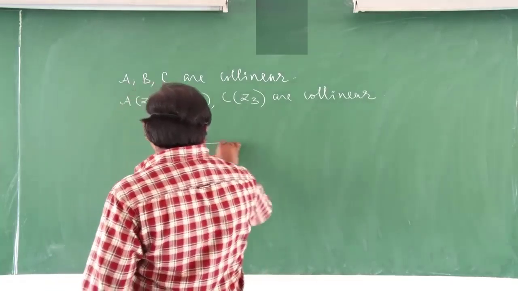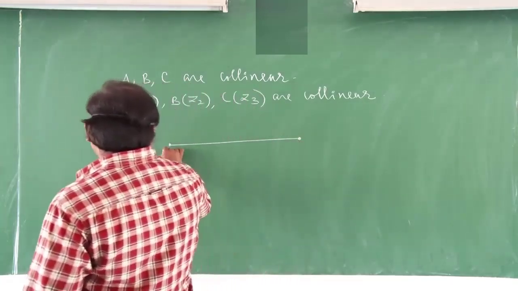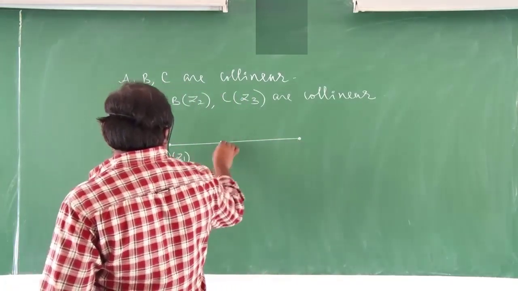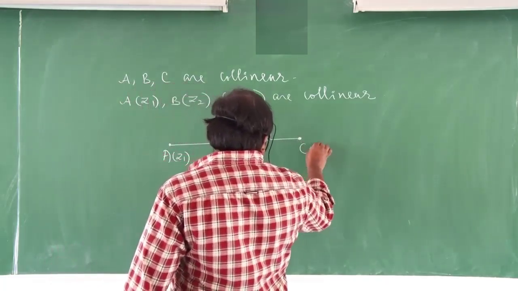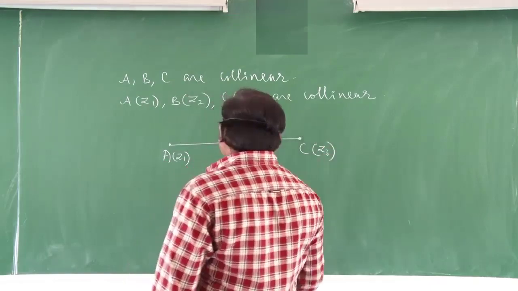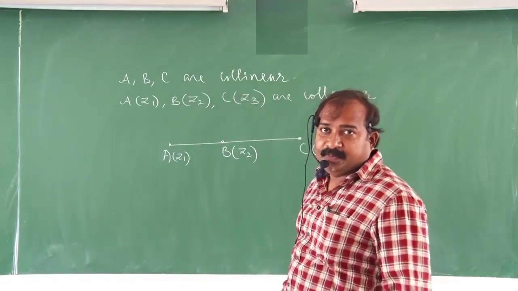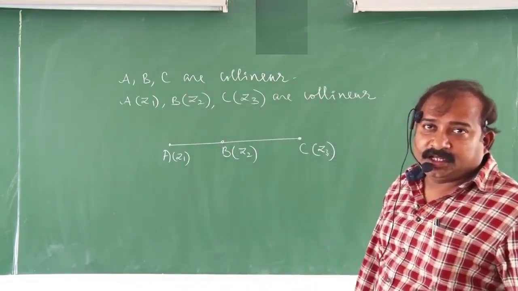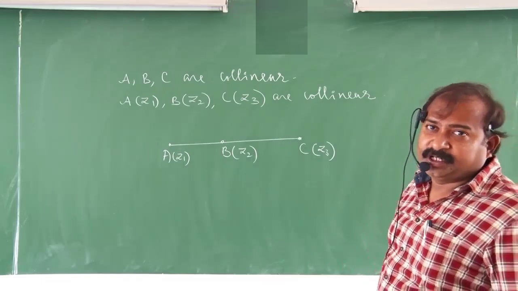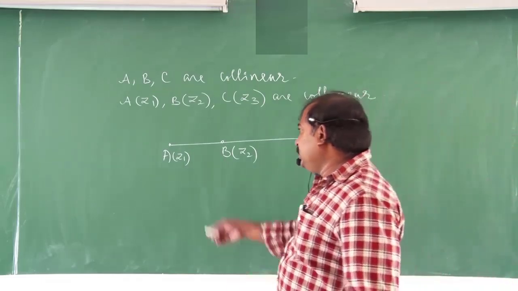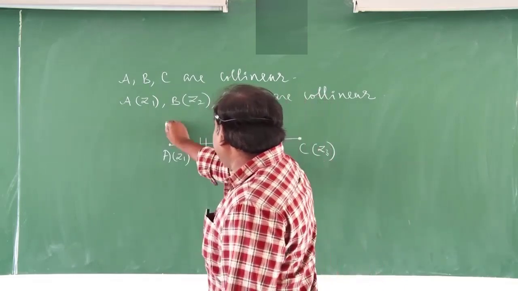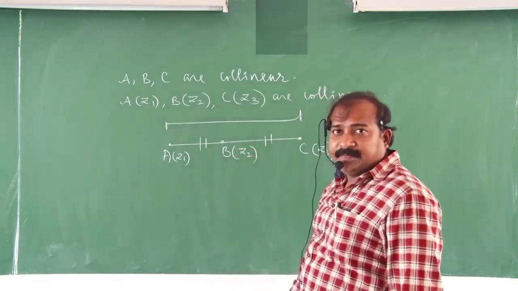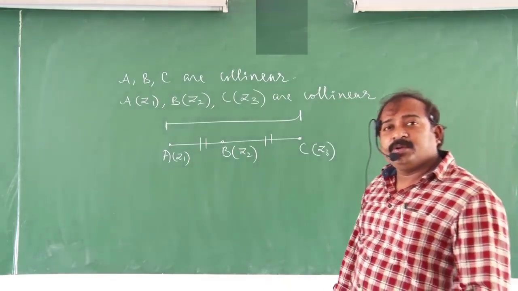If the relation is like this, let this be A of Z1, B of Z2, let this be C of Z3. If they are collinear, then geometrically, in the complex form, how can you represent it? Here, this distance plus this distance is nothing but the distance from here to here. So for distance, what are we using?